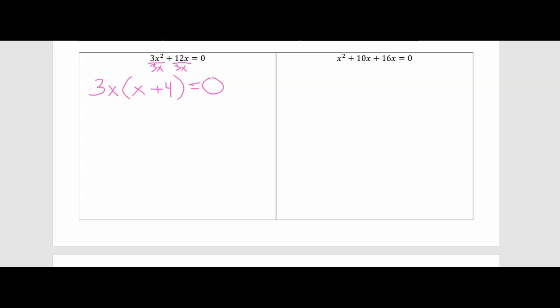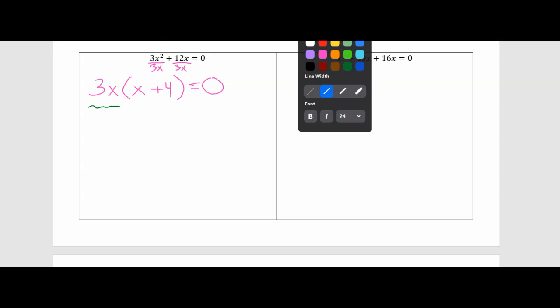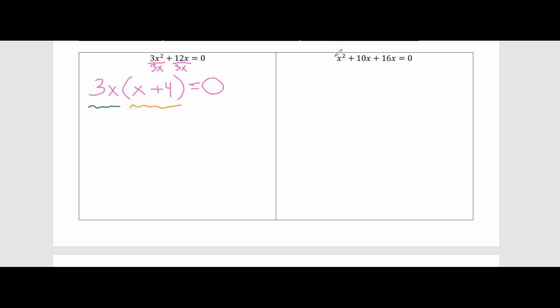Now here's where the zero product property comes in. Right? Product means multiplication. It means we're multiplying two or more things together. Well, I'm multiplying 3x, that's one term, by the term x plus 4. Right? And the reason I know I'm multiplying by that whole term is because the whole term is inside of parentheses. So my first factor is 3x.